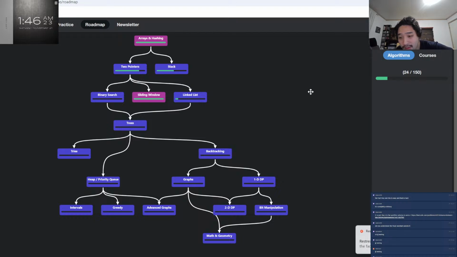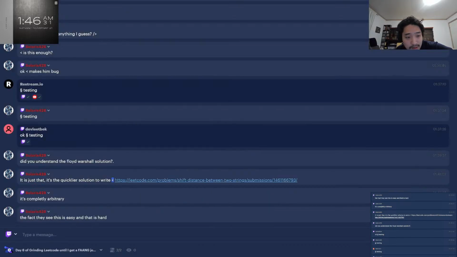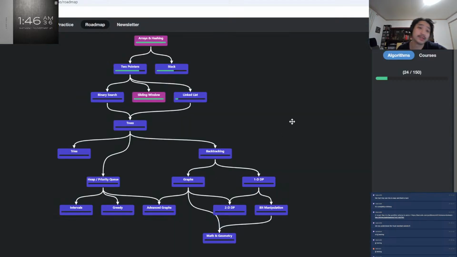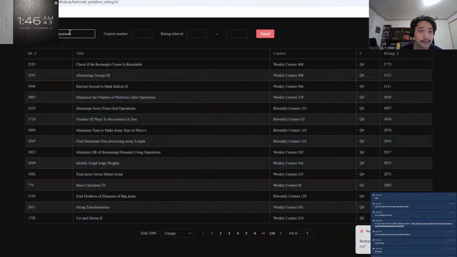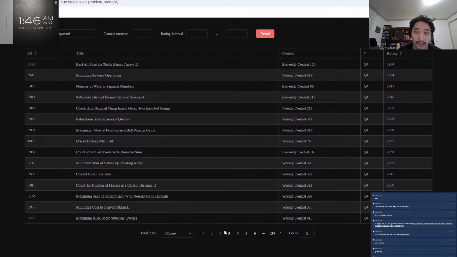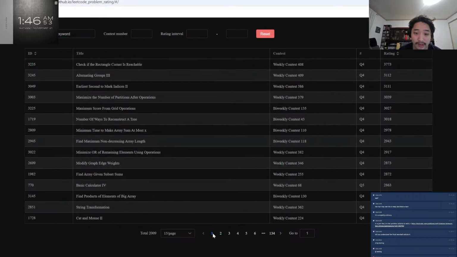Solaris 428: The fact that they say this is easy and that is hard. Oh yeah, definitely. That's why I still keep this asterisk, because I think this is a better way of actually evaluating how difficult something is. So this is the hardest question they have by far. Oh my god.